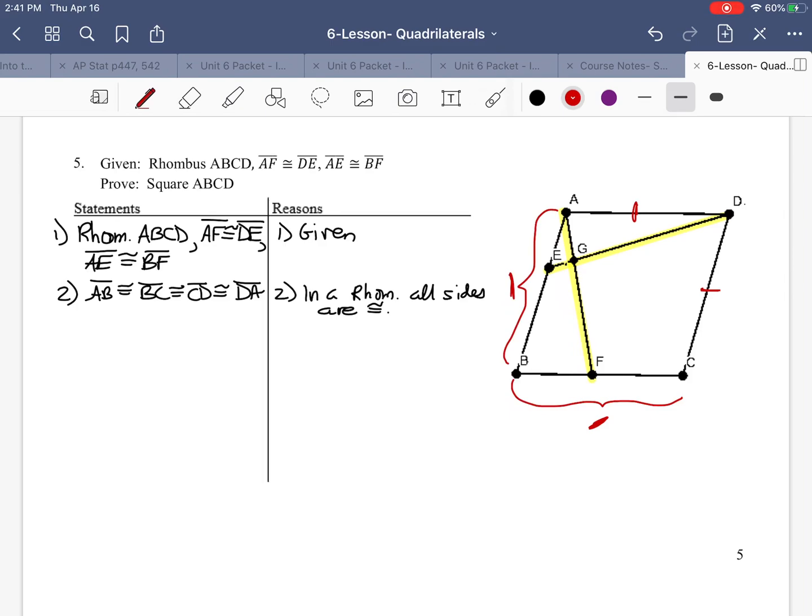All right. So we know, again, that AF and DE are congruent, but we also know that AE, which I neglected, AE and BF are also congruent.